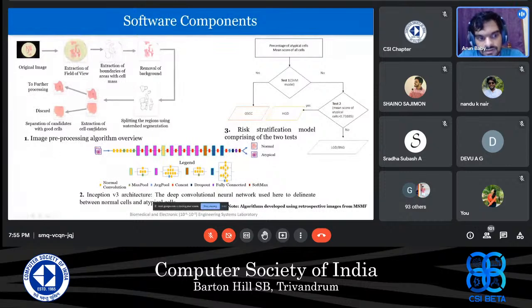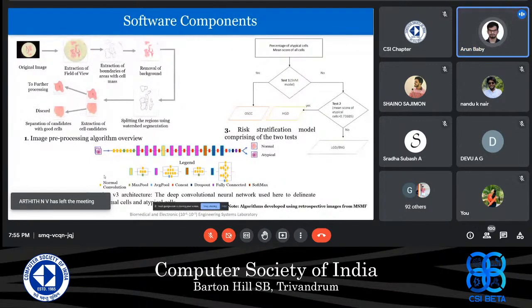Once we get the cells, we feed them to a neural network which will classify them into normal and atypical. I used an open architecture developed by Google, Inception V3, which was already trained on a lot of images, but I retrained the network to classify the cells.